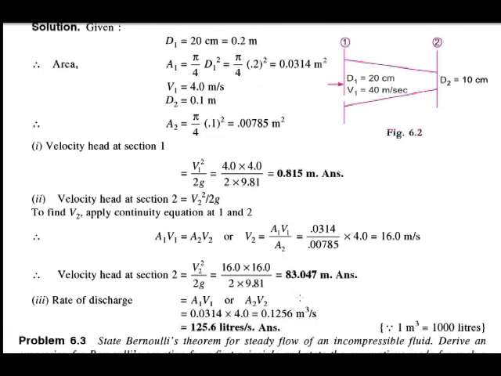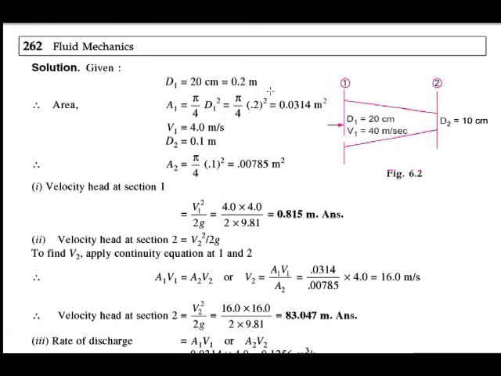So first we will convert all these terms into meter and we will calculate the area at both the sections. Diameter at section 1 is 20 centimeter, which is equal to 0.2 meter. Then area of section 1 is equal to pi by 4 d square, which is pi by 4 into 0.2 square, which is equal to 0.0314 meter square.